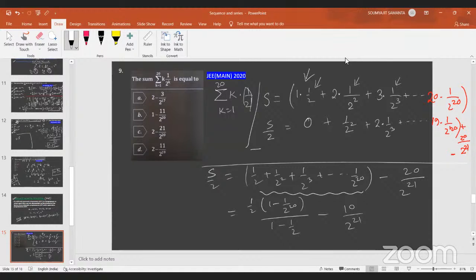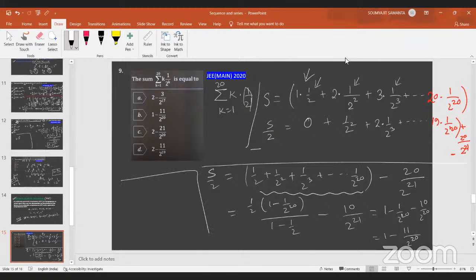Is this clear? Yes, sir. 1 minus half and half will get cancelled, so this will become 1 minus 1 by 2 to the power 20 minus 10 by 2 to the power 20. So this will become 1 minus 11 by 2 to the power 20.